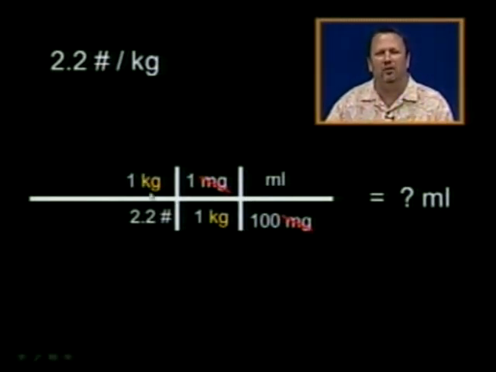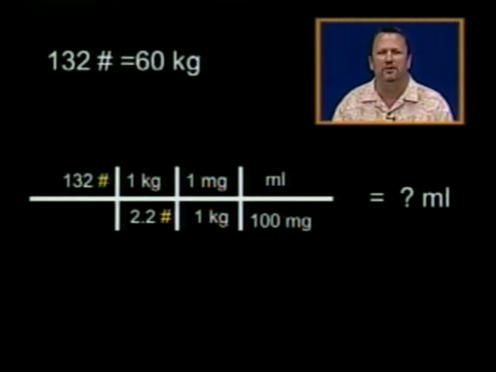So by putting a kilogram over 2.2 pounds, I have a kilogram over a kilogram, and those units cancel out because a kilogram over a kilogram is equal to 1, and 1 times anything is itself. Now I have how many milliliters per pound. If the question was how many milliliters per pound, this would be the correct answer. The question is not how many milliliters per pound. The question is just how many milliliters.